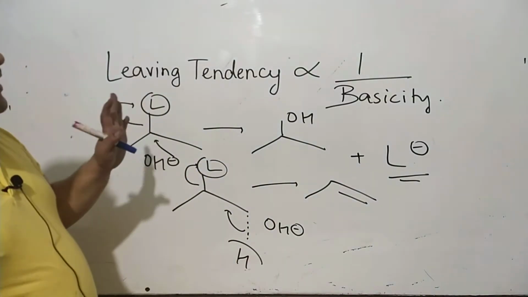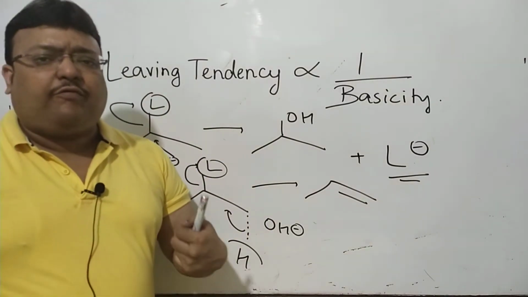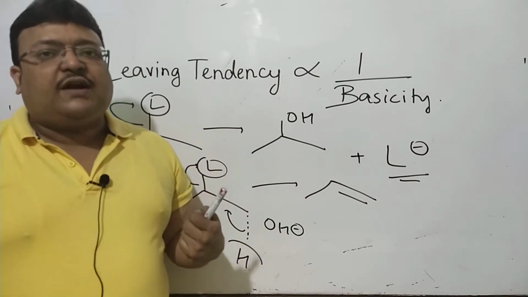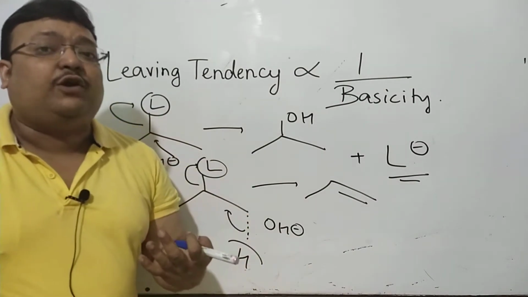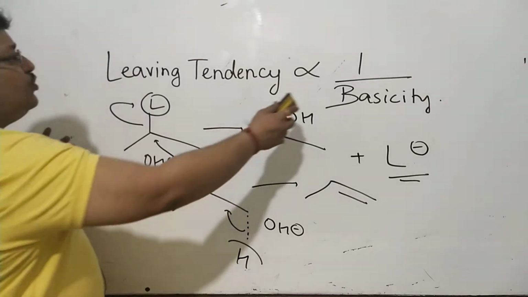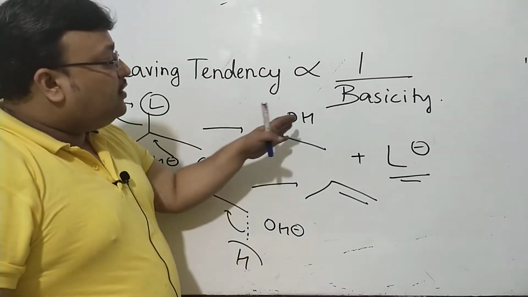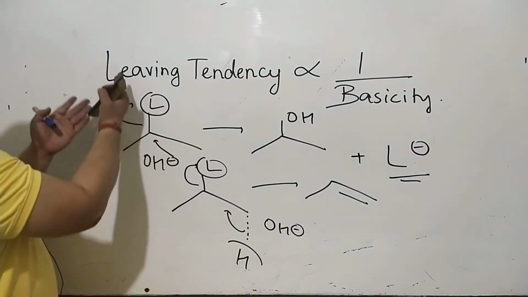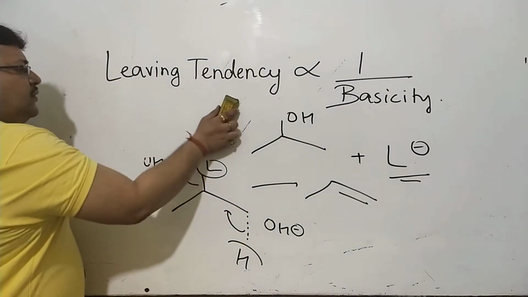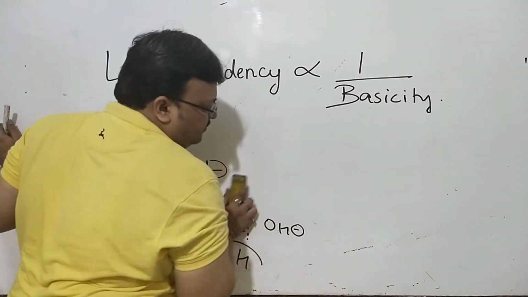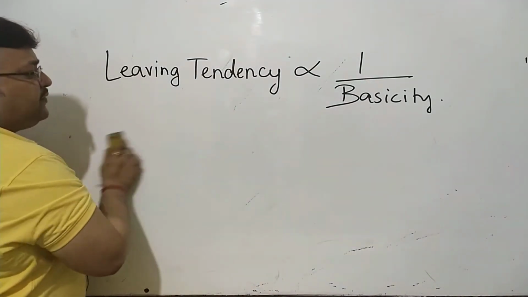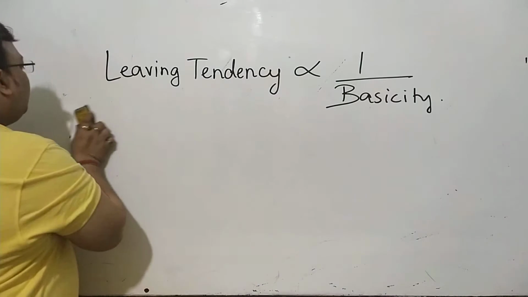So when it's about leaving tendency, you'll want to get the order of basicity, and the reverse will be the order of leaving tendency. The two properties are absolutely antagonistic. A base donates a lone pair, a leaving group takes the lone pair and comes out. So everything which makes a base a stronger base will make a leaving group a poorer leaving group.